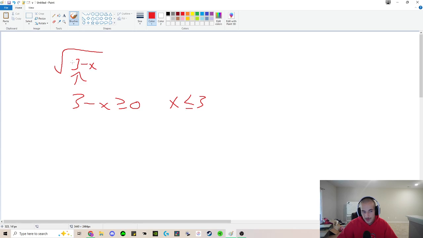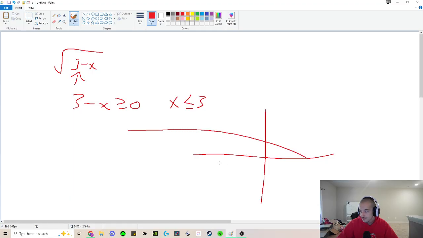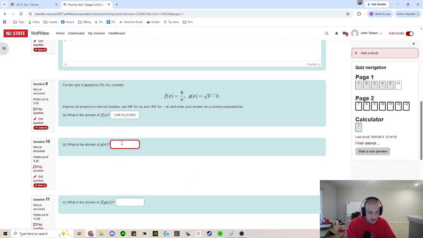If you plug in 3, you're going to get 0. If you plug in any number bigger than 3, like 4, now you're doing 3 minus 4, which is negative 1. You can't do that. So it's going to be negative infinity to 3, but here it's a bracket because 3 is included. If you plug in 3, you have square root of 0, which is 0. We're fine with that.